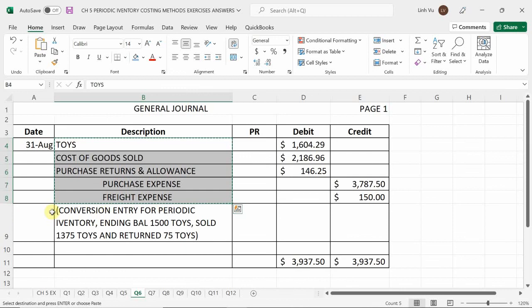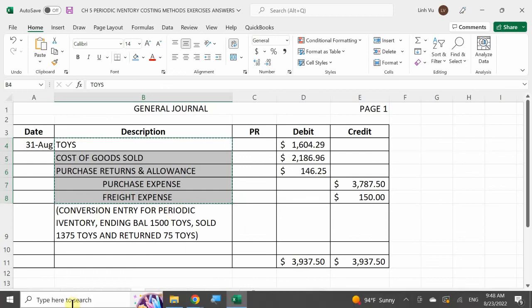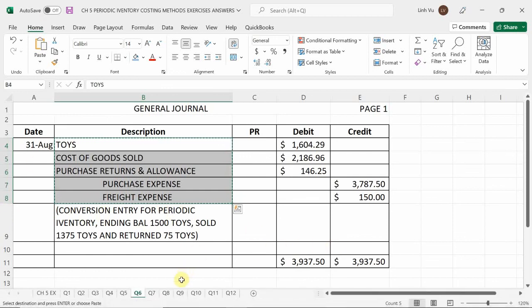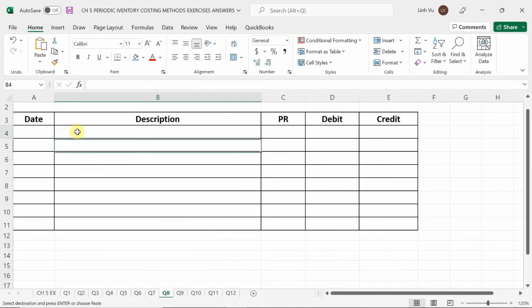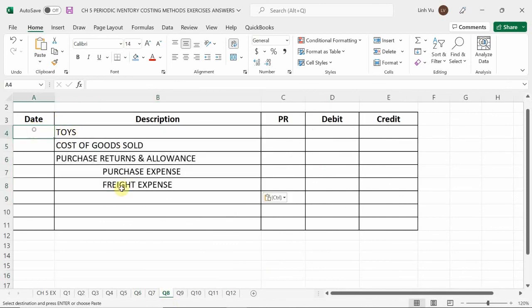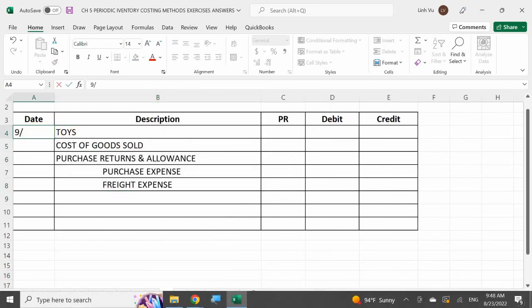Okay. So I can just go ahead and copy this and paste it into this one right here, because it's the same exact transaction. Now, what's the only difference here? Is this all that I'm going to be recognizing?